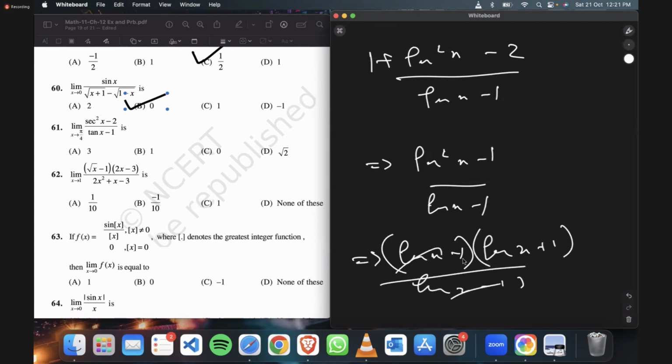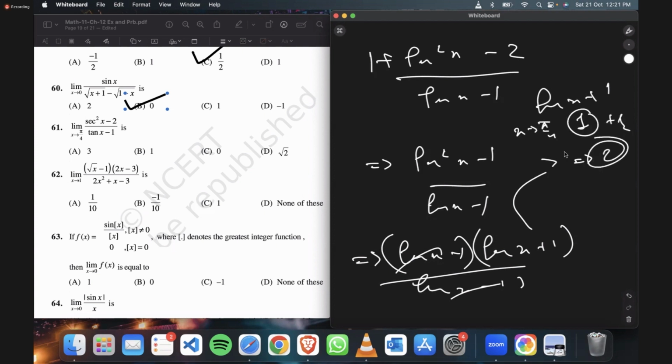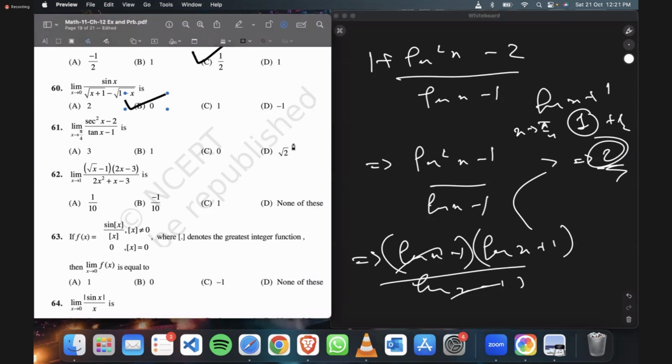So tan x plus 1 is the thing that is left here. And limit x tends to pi by 4, tan at pi by 4 equal to 1, plus 1. We return a value of 2 definitely. 1 plus tan square x equal to sec square x, so tan square x plus 1 minus 2. Yeah. So this must be 2. This must be a misprint. This must be a 2 and that is your correct answer.